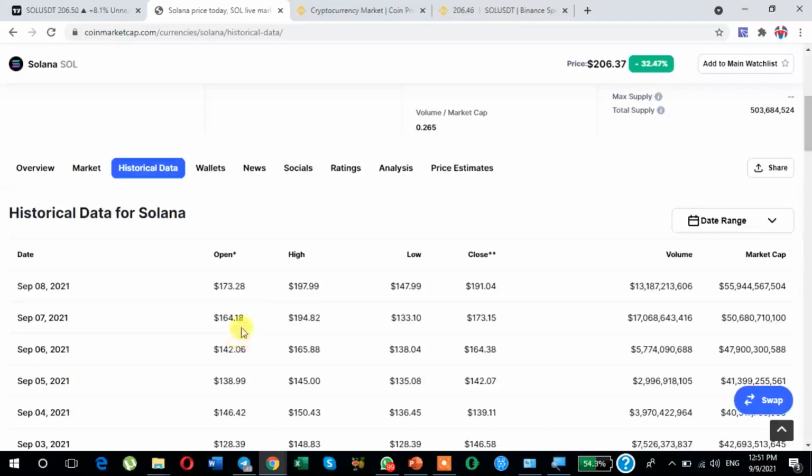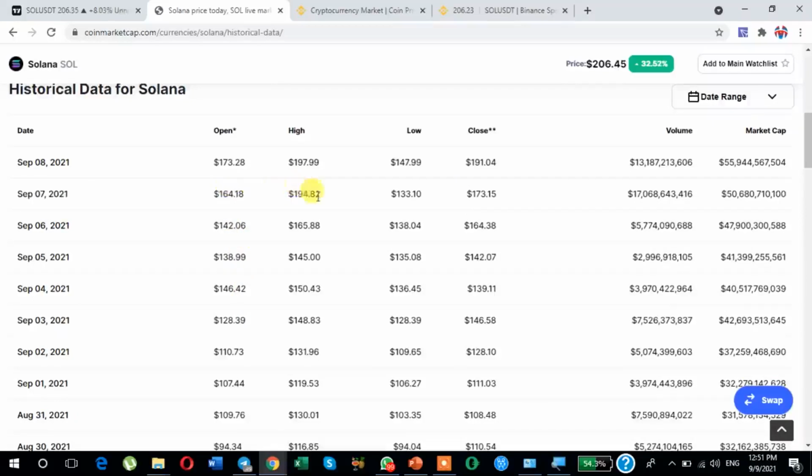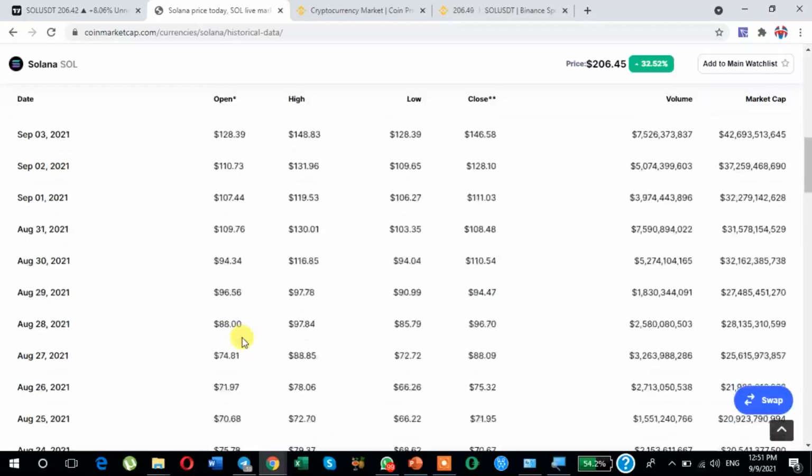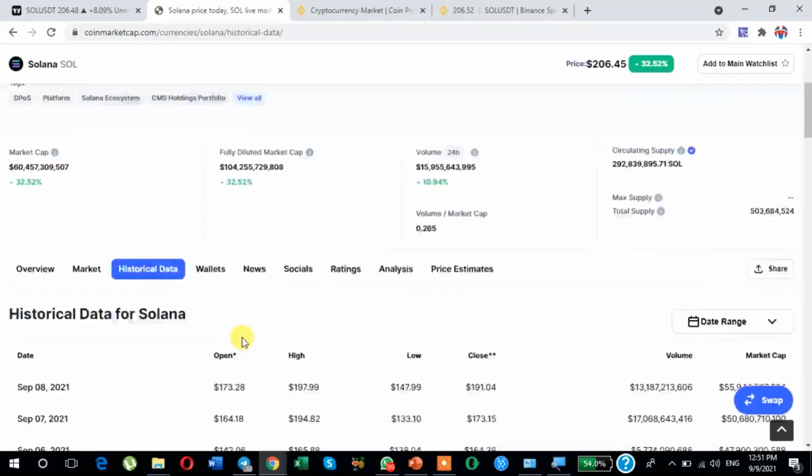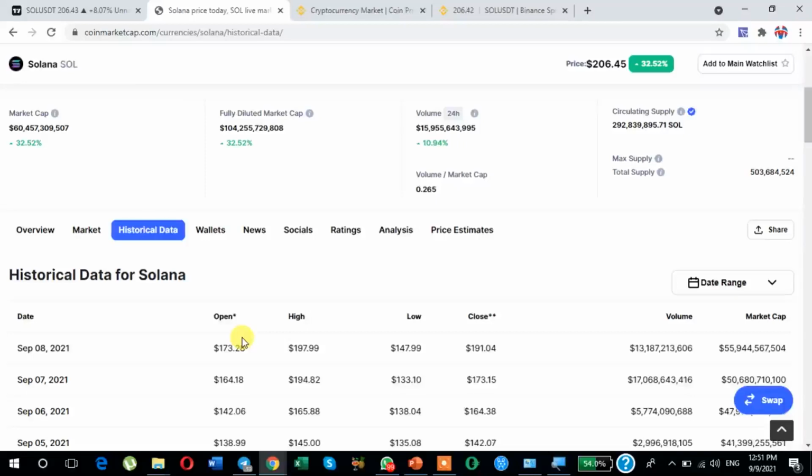Here you are also seeing open price, close price, open price, close price. There are many spreads. A spread means the difference between low and high price. That's called spread.